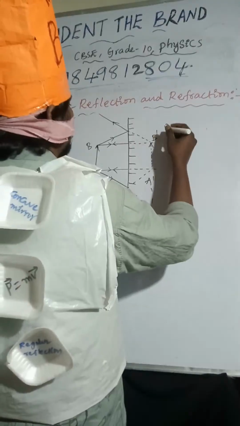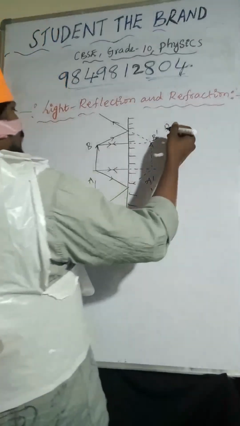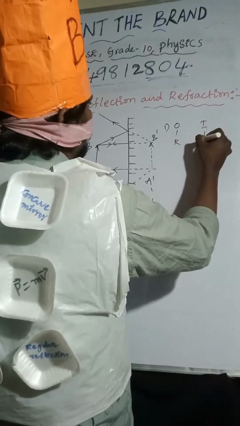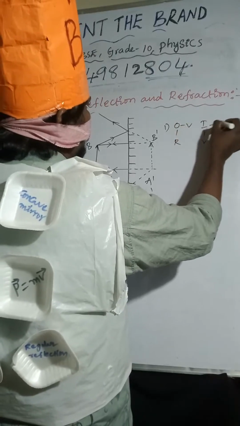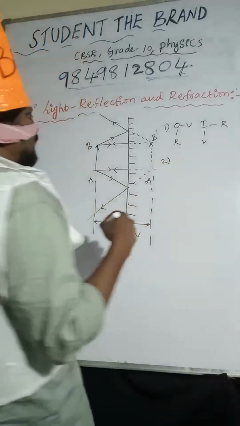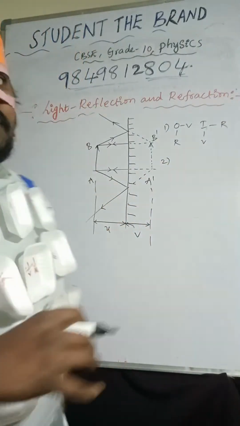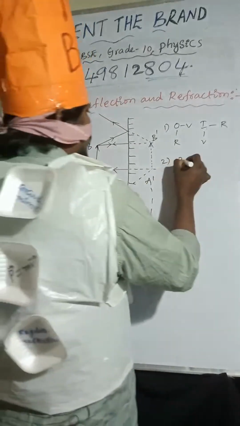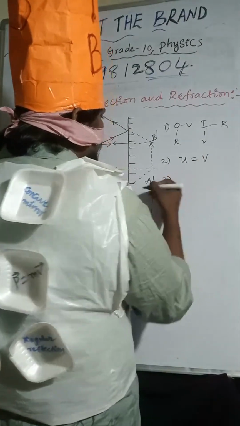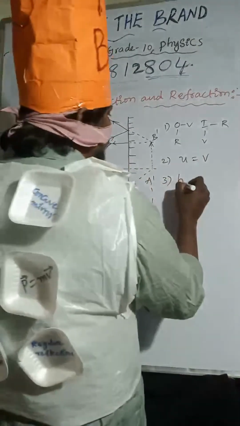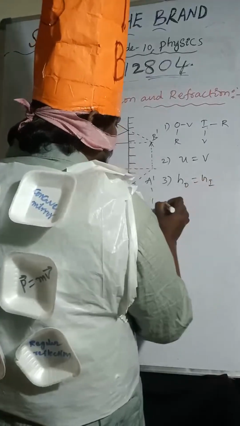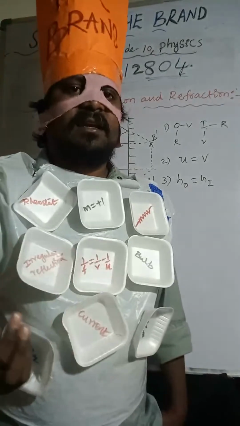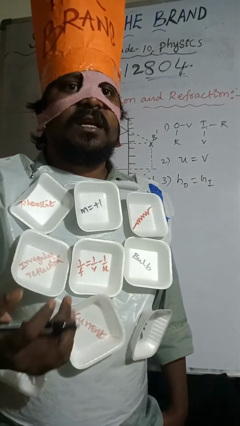First point is object is real, image is virtual. Object is virtual, image is real. Second one is, so here you can observe object distance is equal to image distance, and the height of the object is equal to the height of the image. And coming to the fourth one, it also shows lateral inversion.